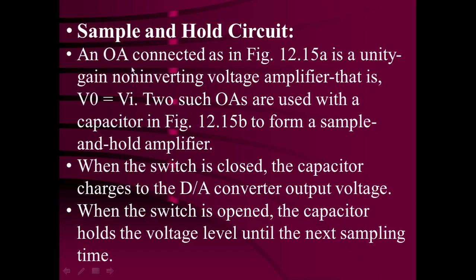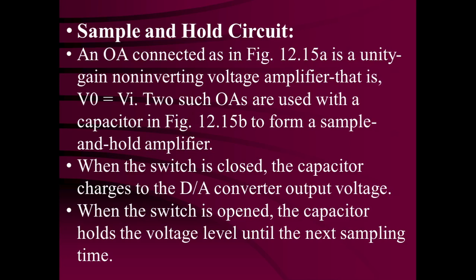Sample and hold circuit. An operational amplifier connected as in figure 12.15a is a unity gain non-inverting voltage amplifier. That is, the output voltage V0 is equal to the input voltage Vi. That's why the output is not inverted. It remains the same. An op-amp has two inputs, inverting and non-inverting.